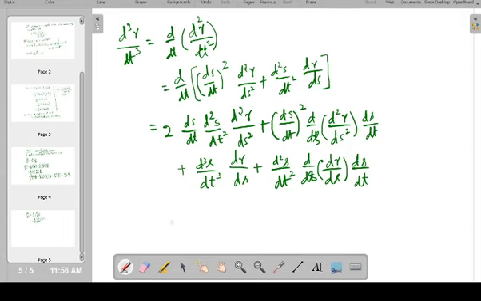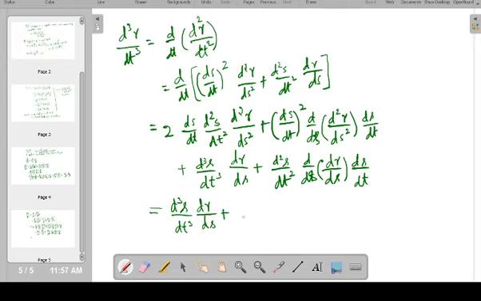Now let me write the term containing the third derivative first: d cube s by dt cube into d gamma by ds.